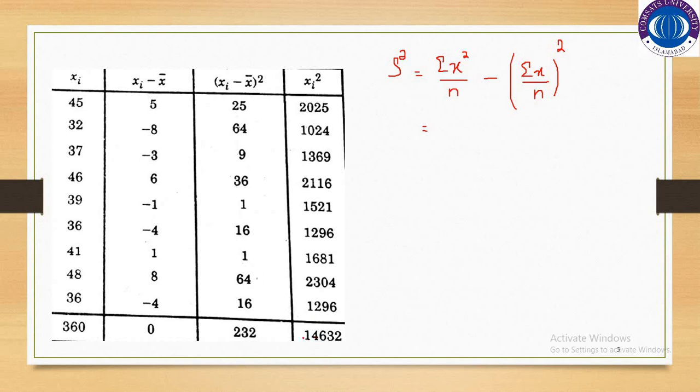The whole sum is 14632, divided by 9, as there are 9 observations, minus summation x, which is 360, as it is given in the column of the x, divided by 9 whole square.